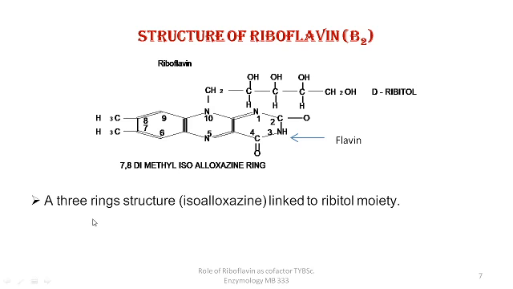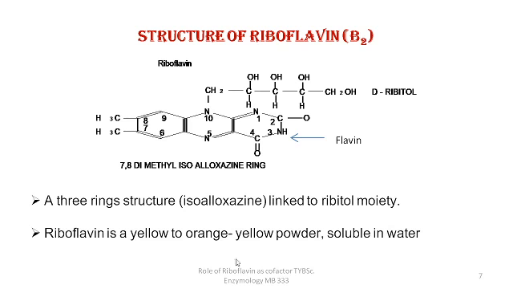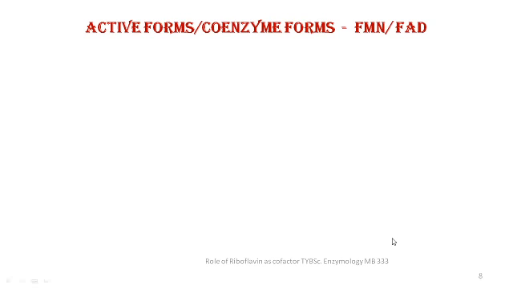So riboflavin consists of a three-ring structure, that is the isoalloxazine. Here you can see the three rings linked to the ribitol moiety. It is yellow to orange colored, in powdered form, and soluble in water.